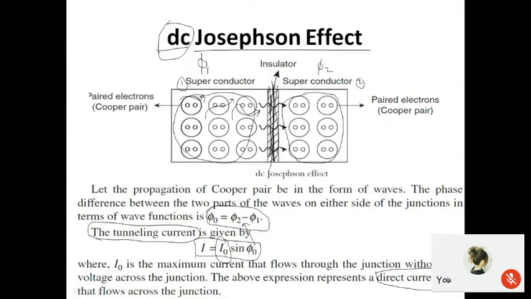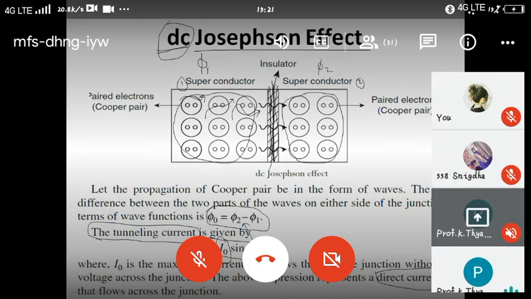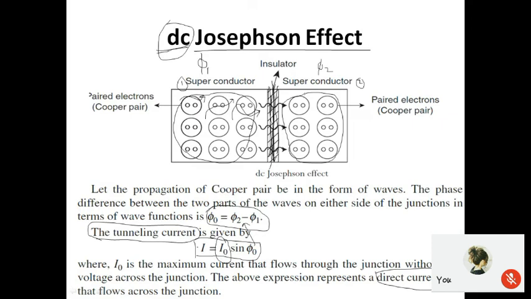So in the case of the DC Josephson effect, without application of any voltage across the junction or across the insulating layer, these Cooper pairs will start tunneling from one superconductor into another superconductor through the insulating layer. So they constitute a small supercurrent, a direct supercurrent, which is given by I is equal to I naught sin phi naught, where phi naught is the phase difference between the Cooper pair waves of superconductor 1 and 2.